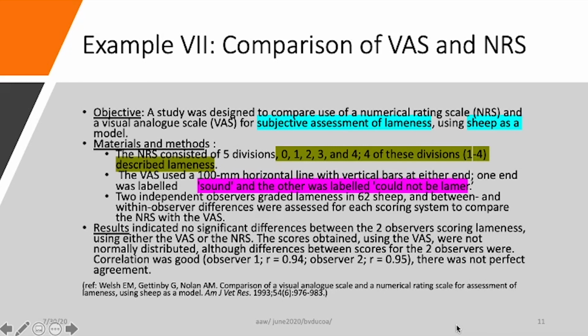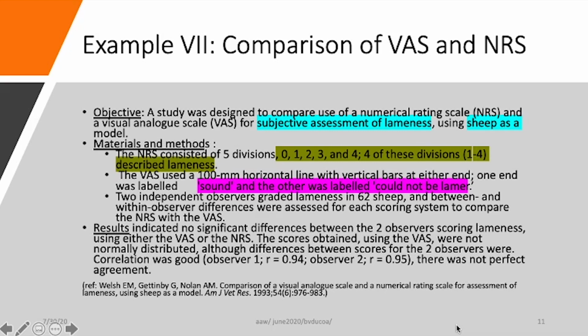Between and within observer differences were assessed for each scoring system to compare both scales. The results indicated no significant differences between the 2 observers scoring lameness using either the VAS or NRS. The scores obtained using VAS were not normally distributed, and although differences between scores for the 2 observers were there and correlation was good, there was no perfect agreement.